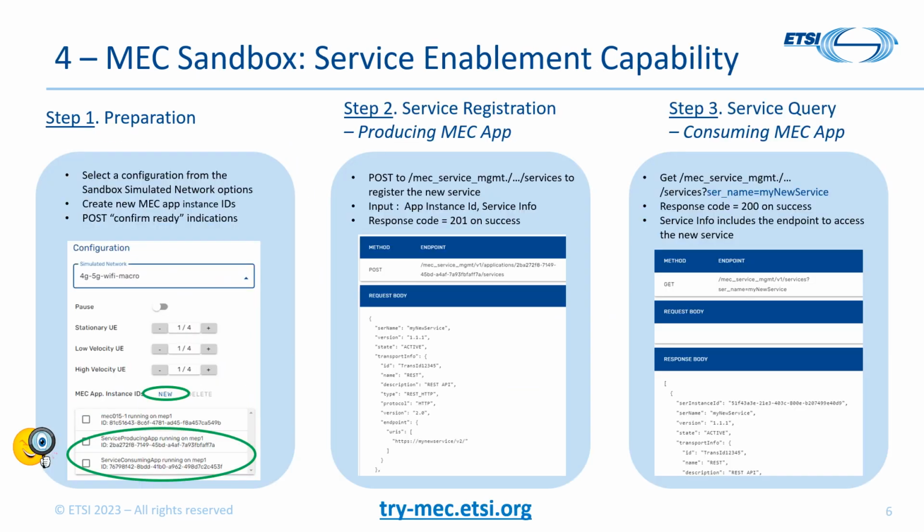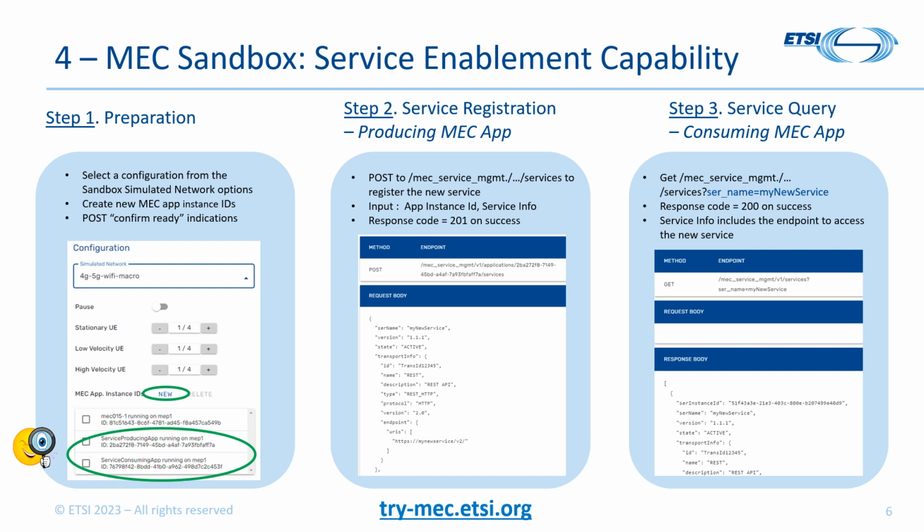The MEC Sandbox offers service enabling capabilities for users and MEC applications to offer and discover new or user-defined services. I will highlight an example using the service query discovery option. First, in step one, I need to do some preparation in the sandbox.